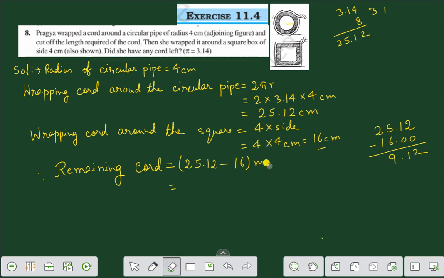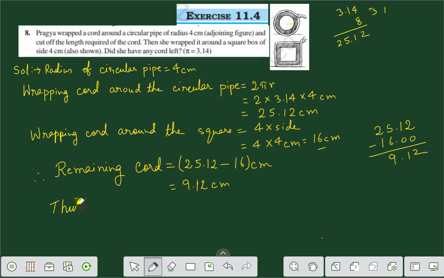This is not meter, but centimeter. Did she have any cord left? Yes, right? She has 9.12 centimeter of cord left.